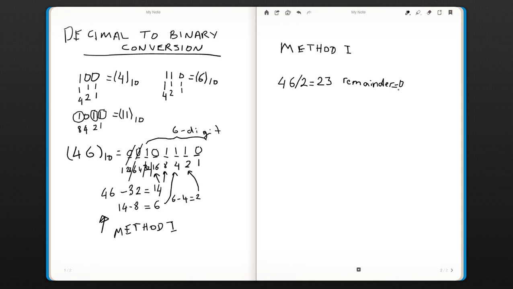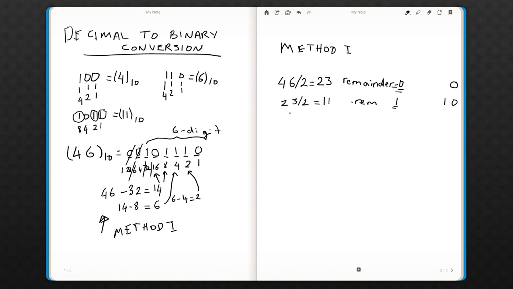So we take this 0 and put it here. Then we take this 23, divide by 2, so it's 11 times 2 is 22, and the remainder is 1. Now we take this 1 next to the 0. So we're forming our binary number from the right.